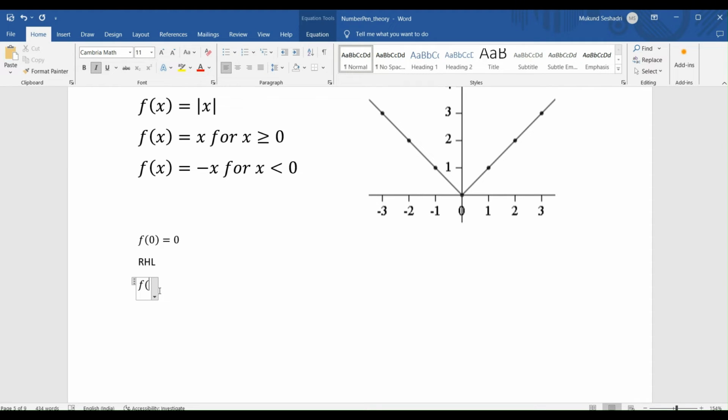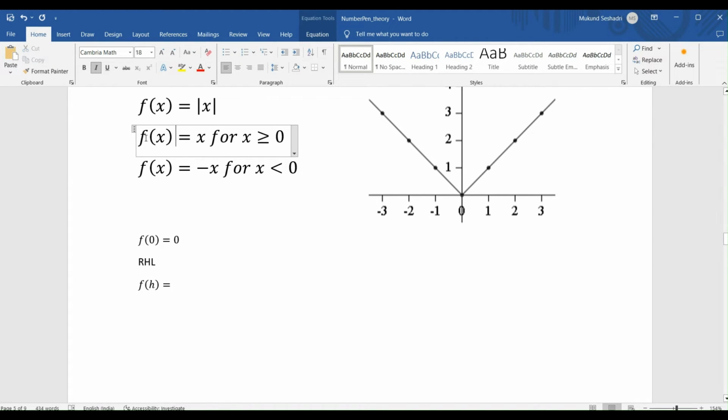F of 0 plus h is my right hand limit, so it's nothing but my f of h, which means that 0 plus h is a positive number. It is a number lying to the right hand side of 0. So I will go with this function, right?